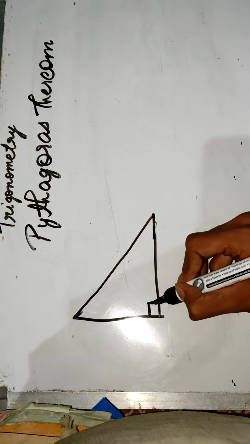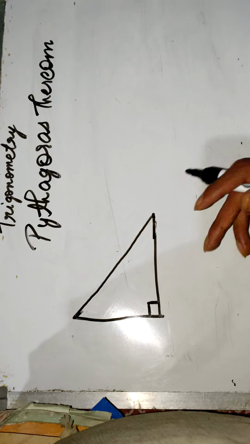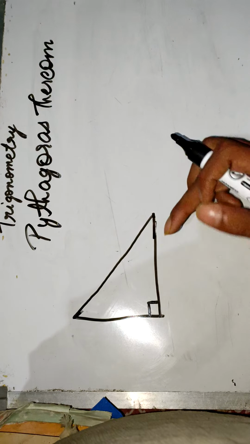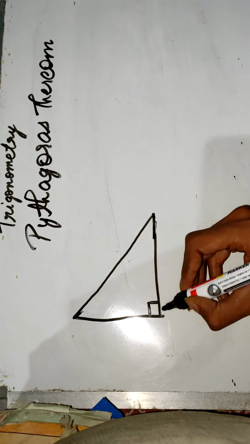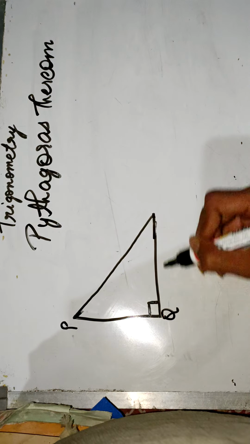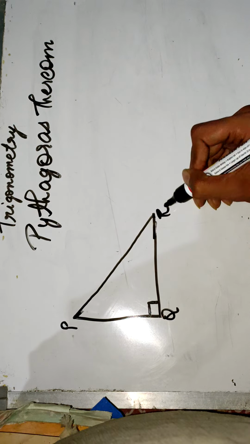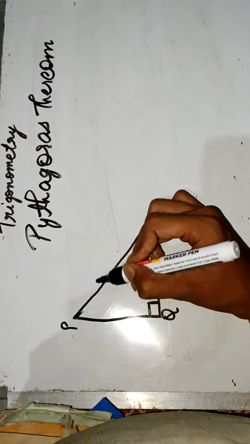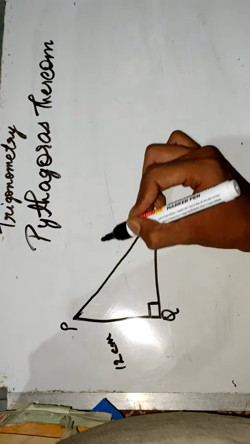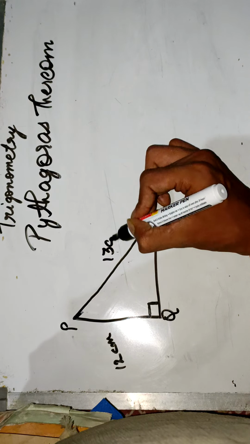Now this needs to be a 90 degree angle because we are taking an example of a right angle triangle, so the right angle should be present here. Let the vertices be denoted as P, Q, R. The sides can be, let's say, 12 centimeter, and here we are taking 13 centimeter.